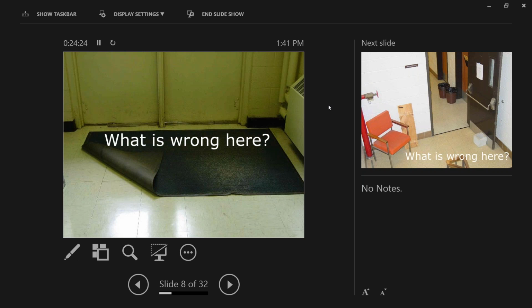So this one's super common. I get this one all the time. And I know I don't need to tell you what's wrong here, but those mats are wonderful. I'm not saying get rid of the mats, because they're wonderful. If I'm coming from a wet or icy environment outside, I want that mat there because I want to make sure people's feet aren't wet when they hit the linoleum or hit the concrete floor.